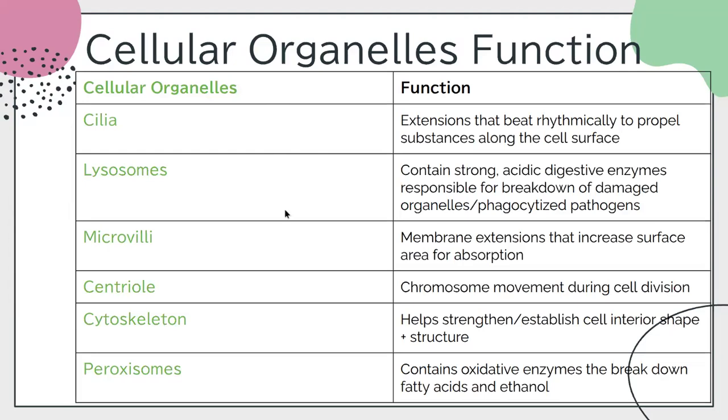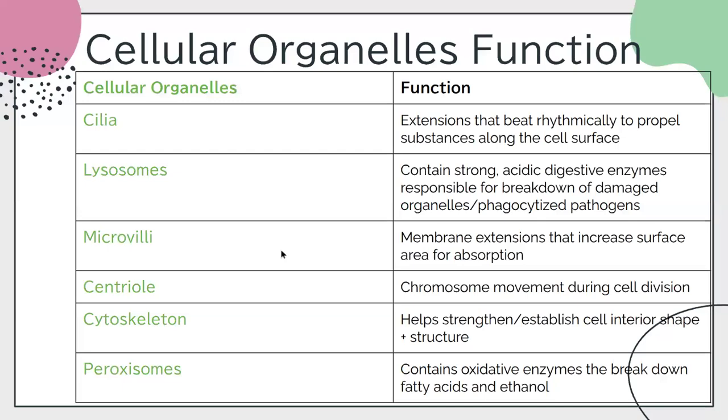Then your lysosomes. Lysosomes have very strong acidic digestive enzymes within them, and it basically helps to break down damaged organelles or phagocytosed pathogens. So basically, again, helping with your immune function. Then your microvilli.